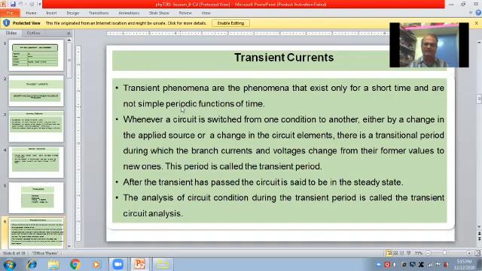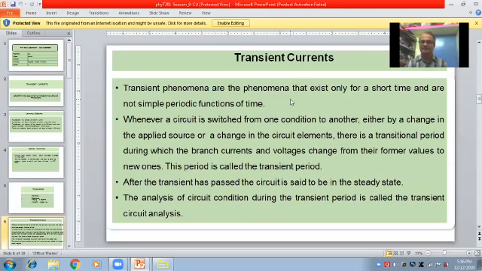Transient phenomena are phenomena that exist only for a short time and are not simple periodic functions of time. Generally, when an electric circuit contains components such as an inductor and a capacitor, then as soon as the power supply is switched on, the capacitor will start storing the charges.